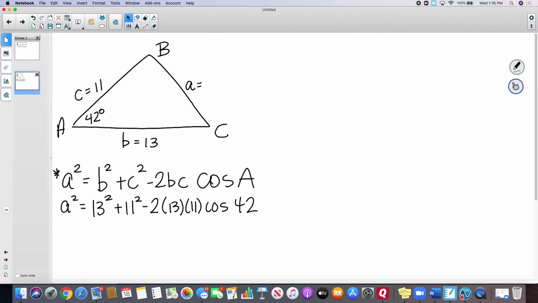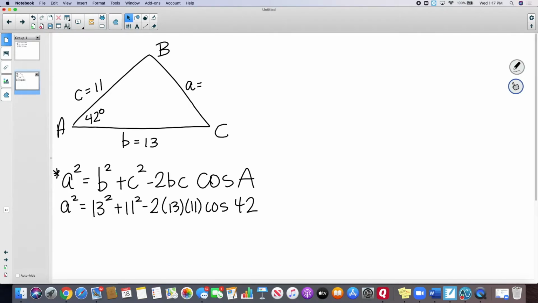Now, before you type all of this in your calculator, and you can type this entire thing into your calculator at one time, I want to just say a couple of things. If you don't feel comfortable typing all of this in at one time and you want to break it up into pieces, that's fine. Let me do that first, and then I'll show you another way to type it all in at one time.